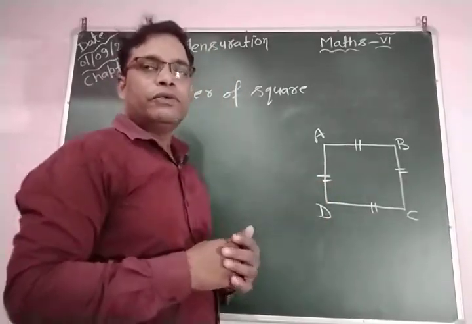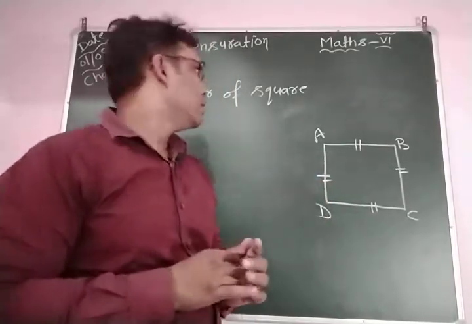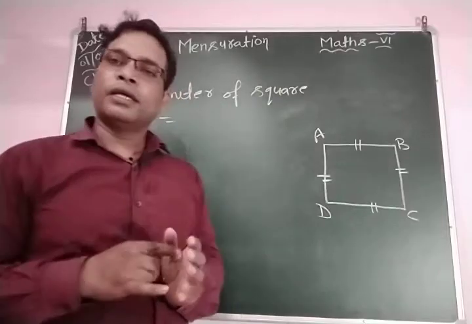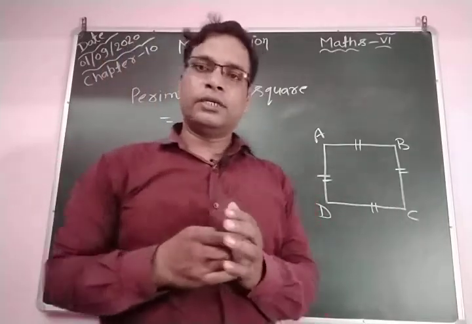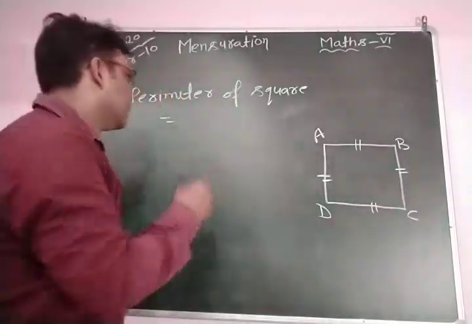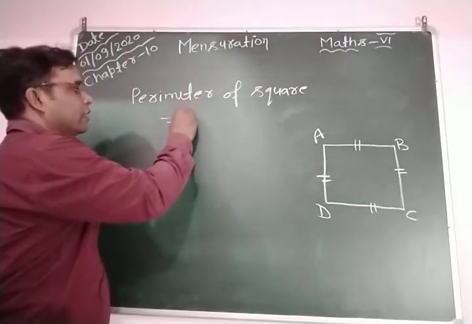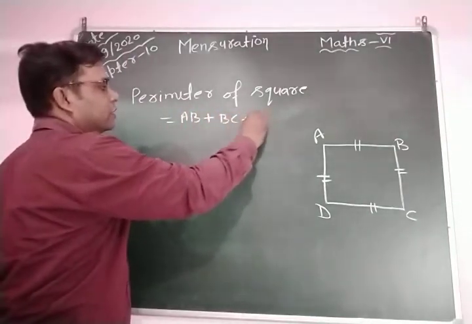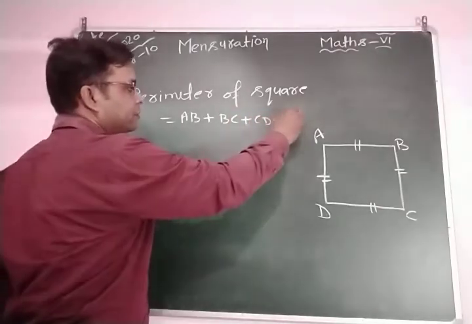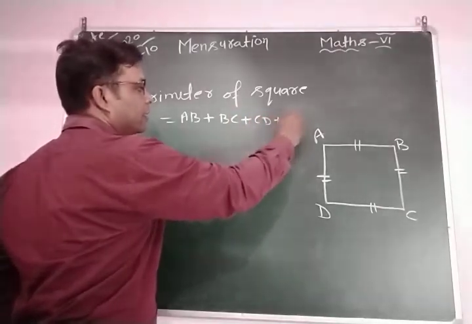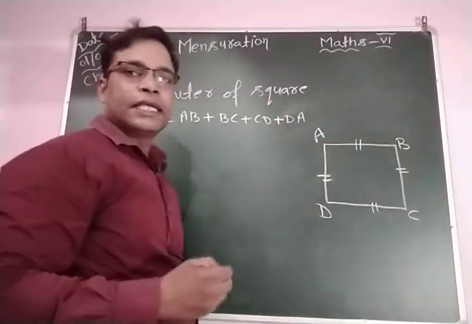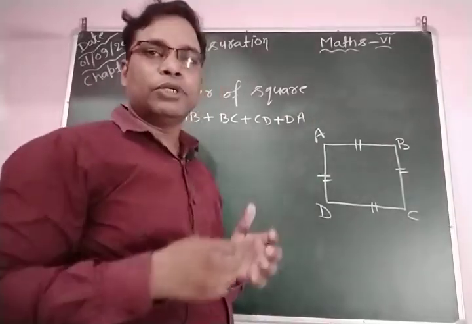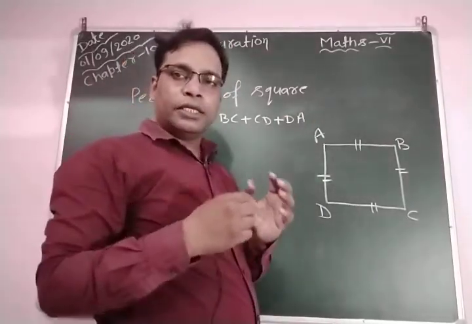We know how to find the perimeter of any figure: the sum of all sides. So this is equal to AB, first side, second side BC, third side CD, fourth side DA. But in the case of a square, the sides are equal to each other.